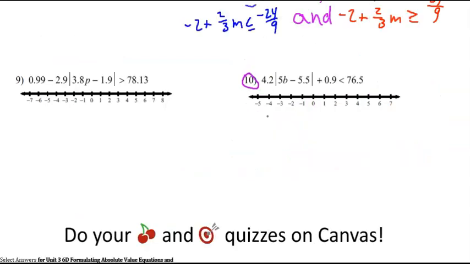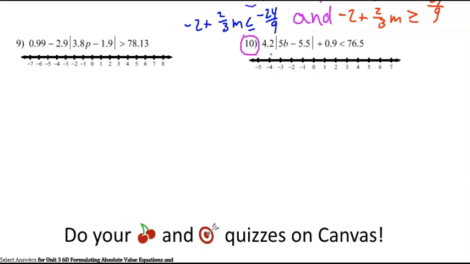Now let's look at number 10. We have 4.2 times the absolute value of 5b minus 5.5 plus 0.9 is less than 76.5. The first thing we'll do is isolate the absolute value. We could do that by subtracting 0.9 from each side.